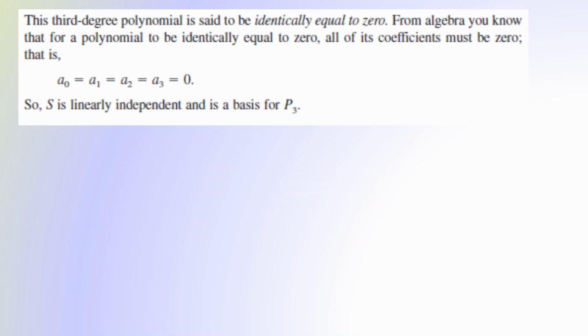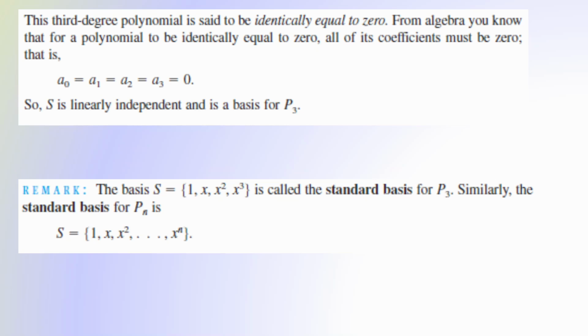So if a polynomial is identically equal to 0, that means all coefficients should be equal to 0. a0, a1, a2, a3 are equal to 0. So S is linearly independent. So S spans P3 and it is linearly independent. So therefore, it is a basis for P3. Now, in this case, we have taken 4 vectors 1, x, x squared, x cubed. So it is called the standard basis for P3.